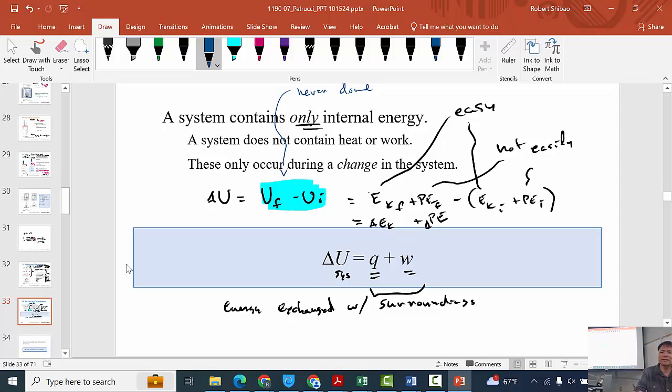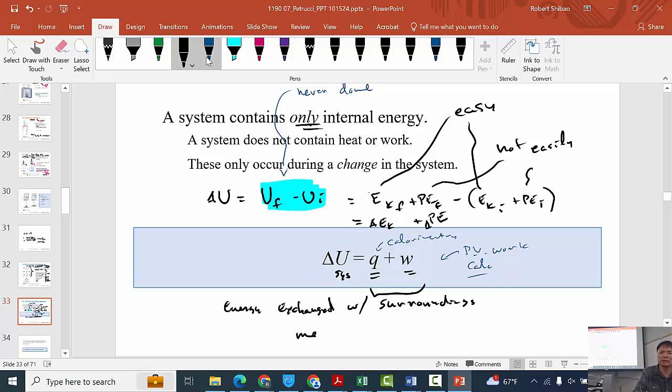So the way we determine this is easily done. How do we do this? Well, if we want to measure it, we could use calorimetry. And then the work is PV work, which is an easy calculation. You can calculate it.